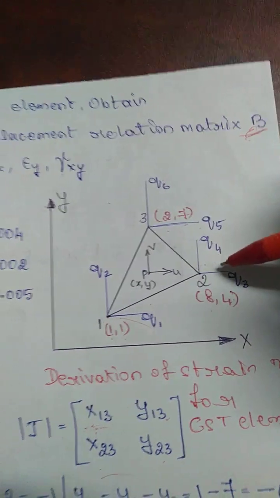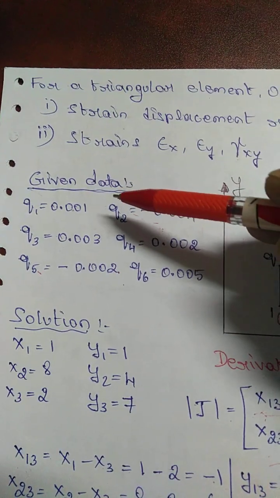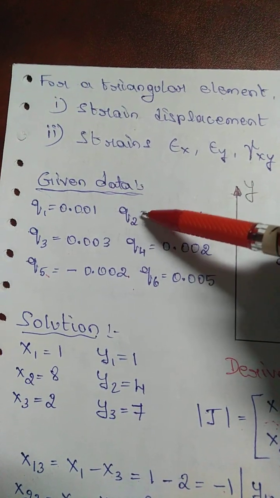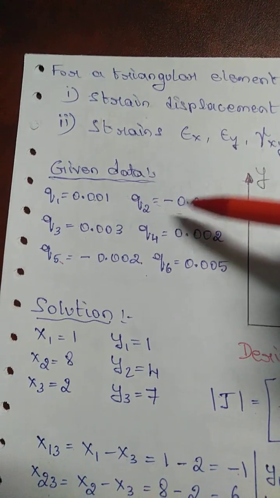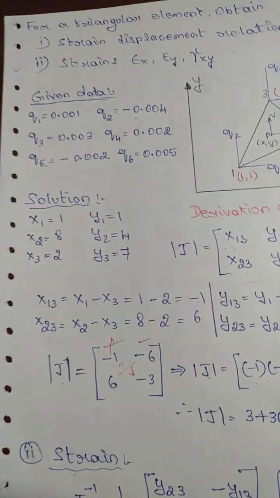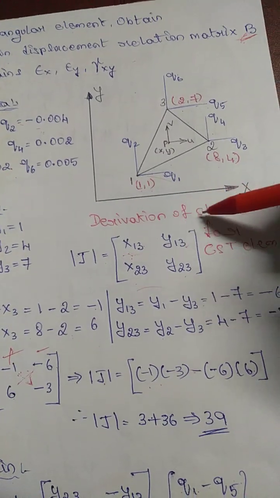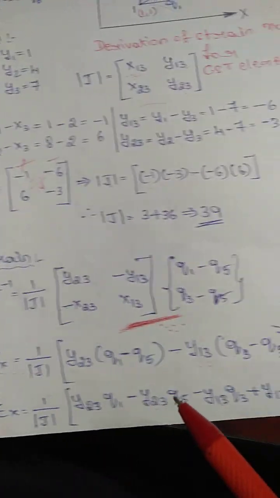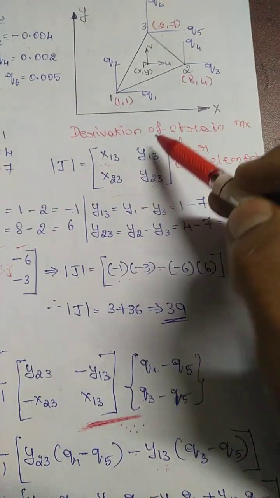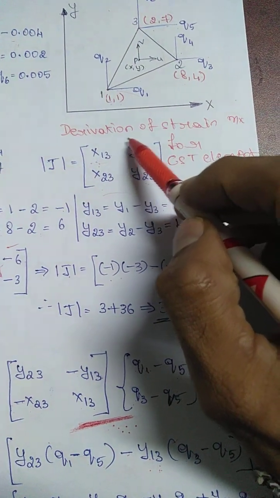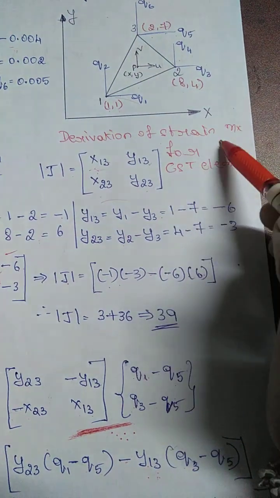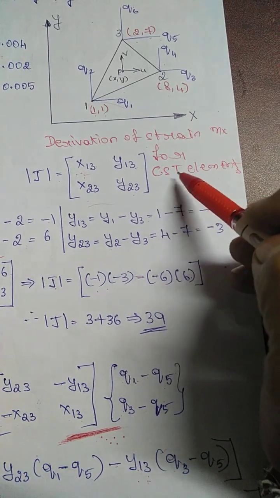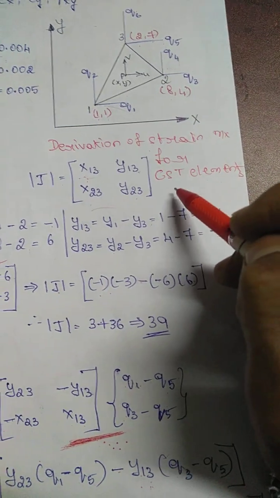There are 6 displacements, and the values of these displacements are given here in the given data. See, the derivation of these equations, whichever I am using here, they derived in the theoretical part: derivation of the strain matrix for CST elements, that is constant strain triangle elements.